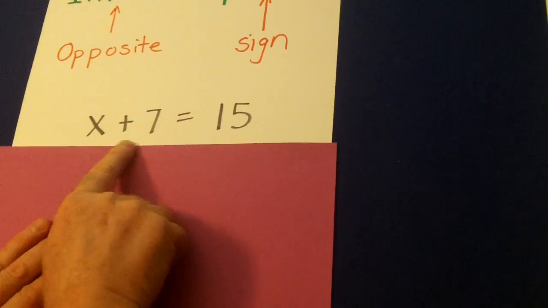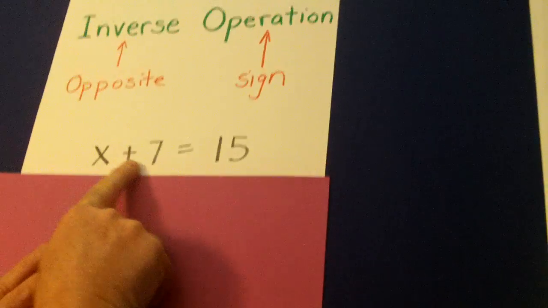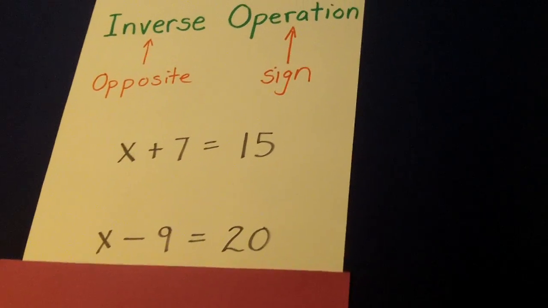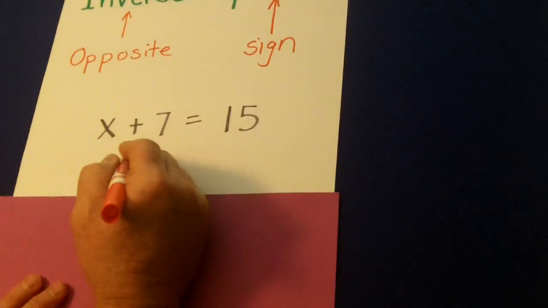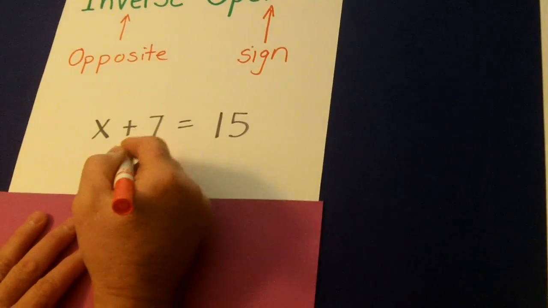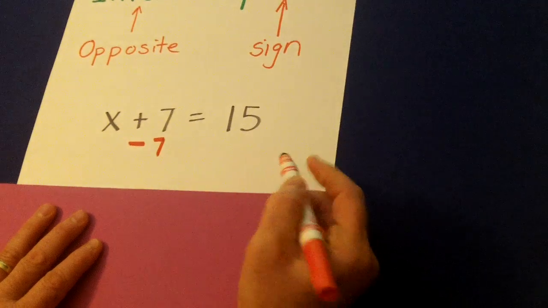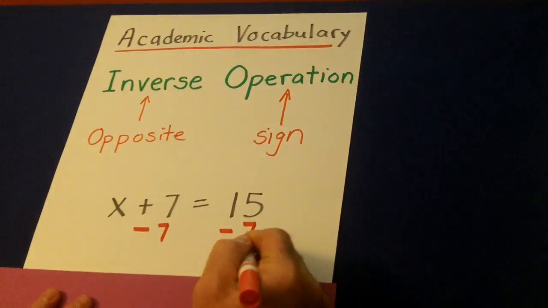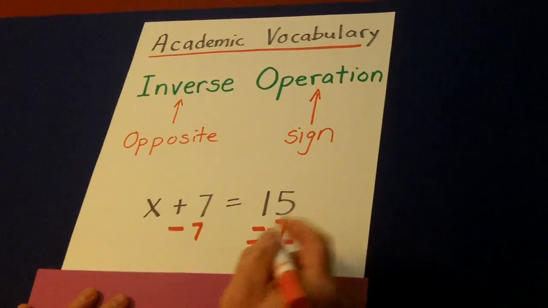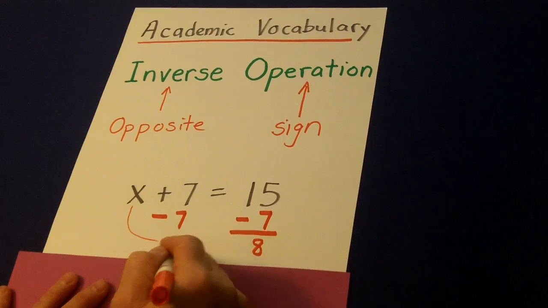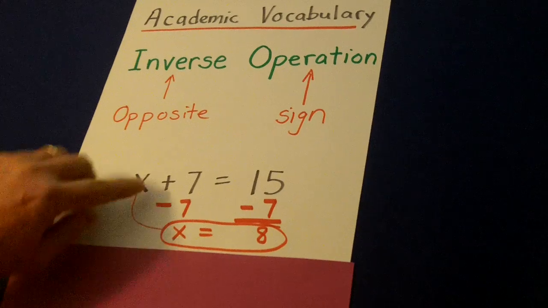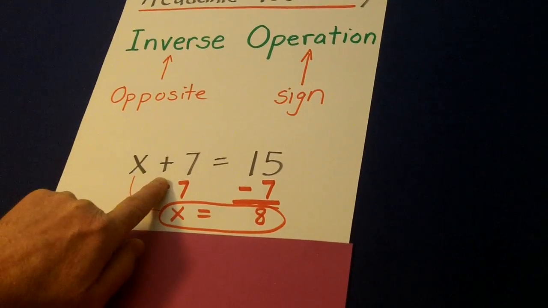So if we have to solve x plus 7 equals 15, we are going to use the inverse operation to solve this by saying, what's the inverse or opposite of plus 7? Minus 7. And then we're going to do that to both sides. And so we're going to get 8 here, and we'll bring the x down here. X equals 8.